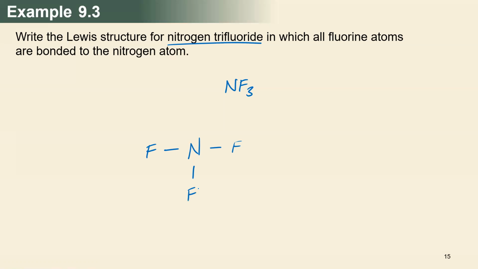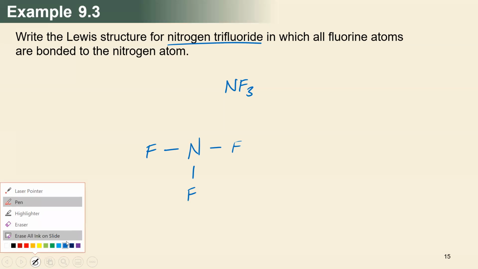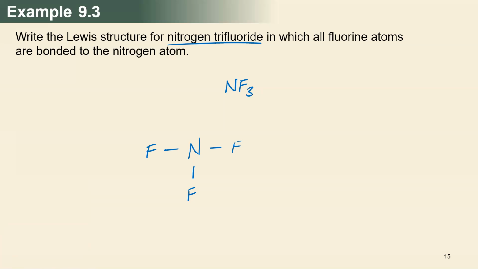How many valence electrons do I have? 26, that's right. 7 from each fluorine, that's 21. 5 from nitrogen, 26. I've already used 6 in bonds. So there's 8, 10, 12, 14, 16, 18, 20, 22, 24.